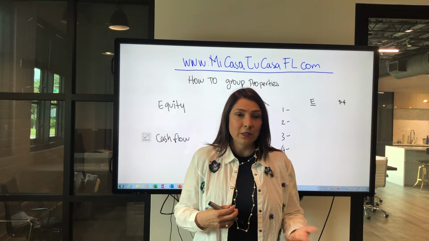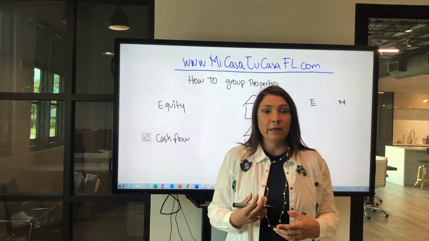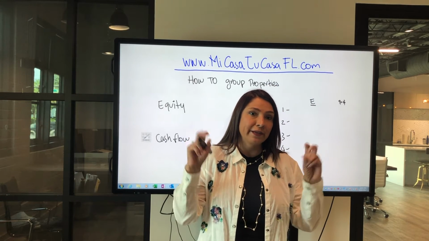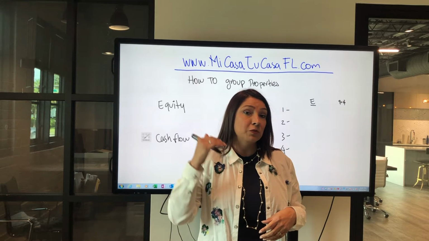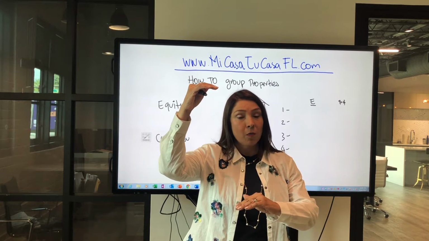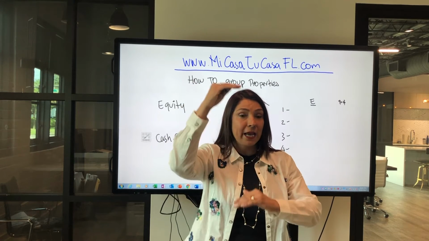But why equity, or why cash flow? Remember, equity is basically the money that you already have, technically. It's the difference between the market value of the property and the balance of the mortgage. That will be the equity.